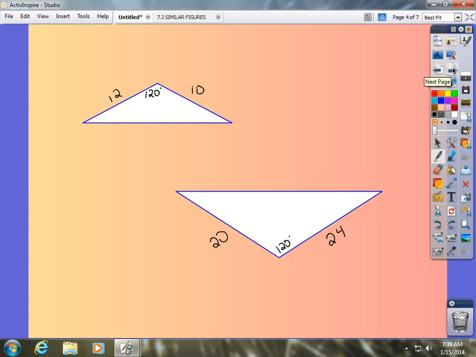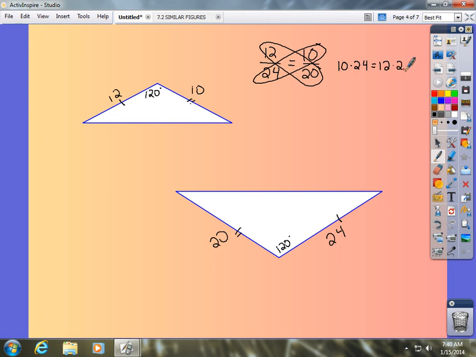And finally, I have these two triangles here with corresponding sides. I'm going to set this up as 12 over 24, which has to equal the other corresponding sides, 10 over 20. If I cross multiply, 10 times 24 has to equal 12 times 20.